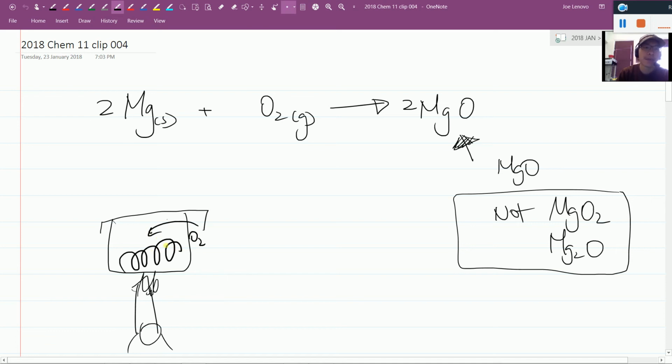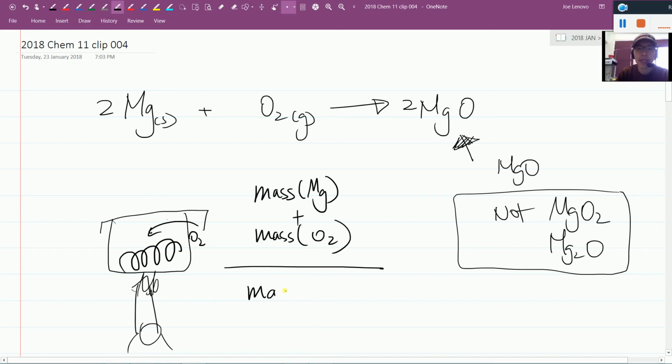If you add the mass of the magnesium and the mass of the oxygen coming in together, all the mass would equal the oxide that we have at the end of it. That can't be something else because we cannot make any more or any less.